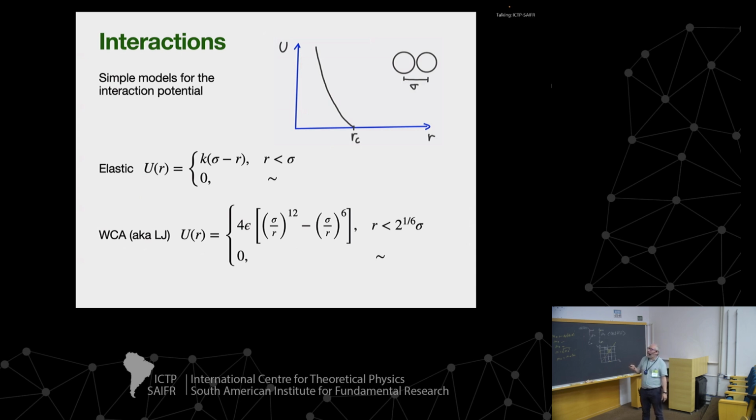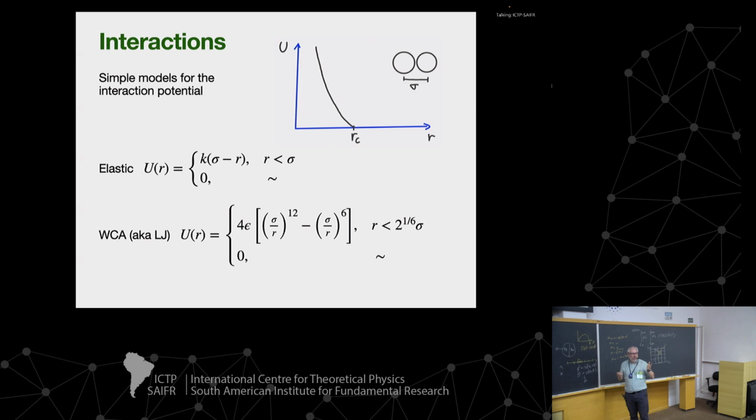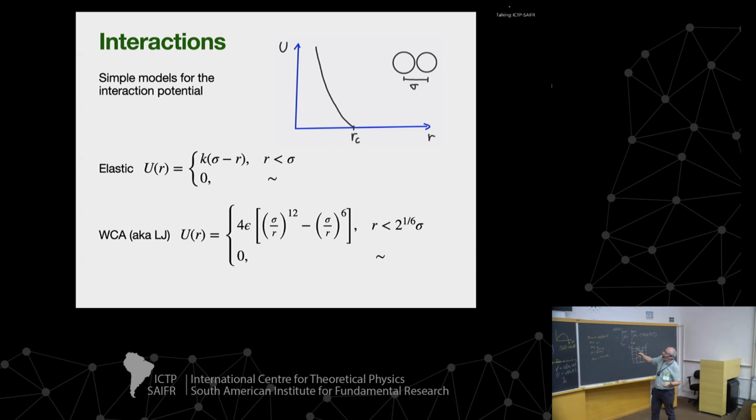That is an elastic constant times sigma minus r, if the particles are overlapping, otherwise it's 0. And you have to take k as big as possible to have hard, impenetrable spheres, such that the potential is not smooth like this, but rather very steep.